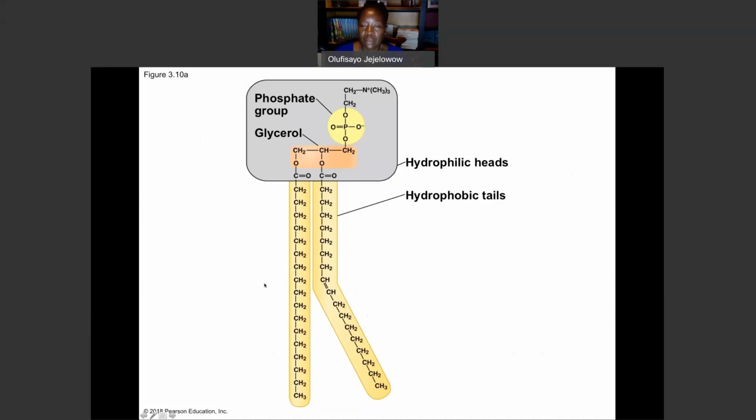Now, remember, these regions are hydrophobic. With the addition of the phosphate group, we bring in a hydrophilic head. So this is a phospholipid. It's a diglyceride with a phosphate group on it.